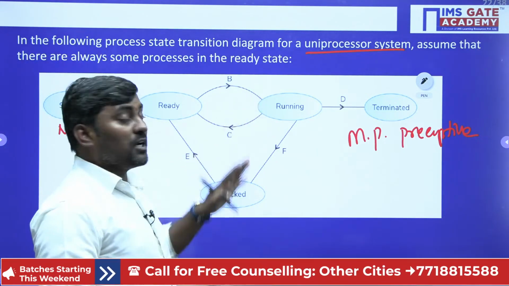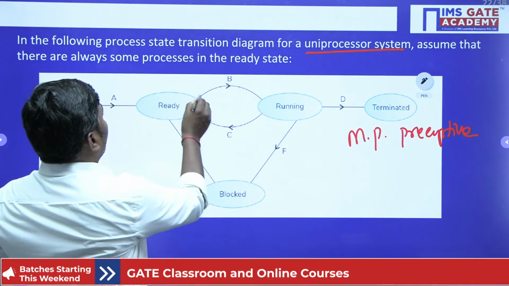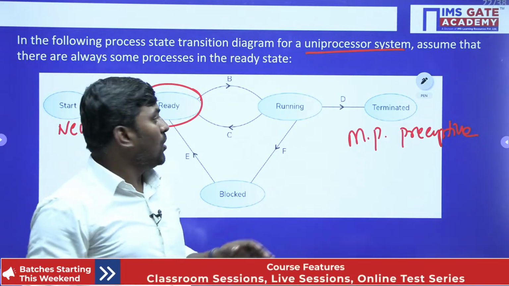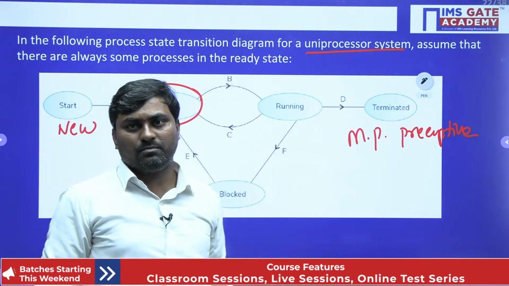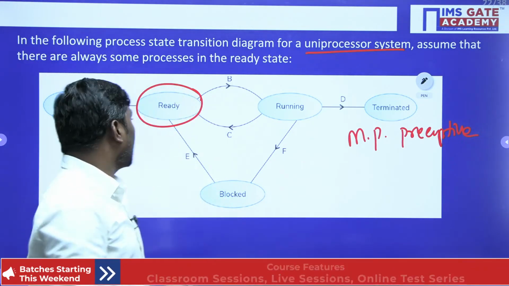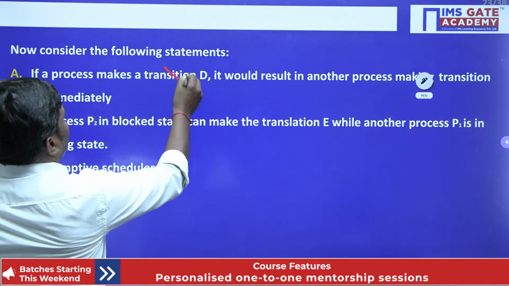But B is immediately possible, because they said already some processes are always available in the ready state. The moment a process terminates and the running state is free, we can schedule another process. That can be done, but loading a new process is not necessary. So statement 1 is wrong.